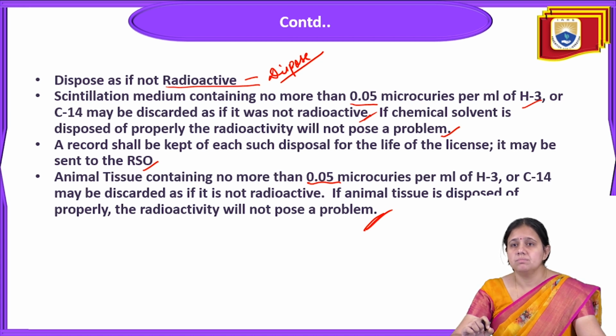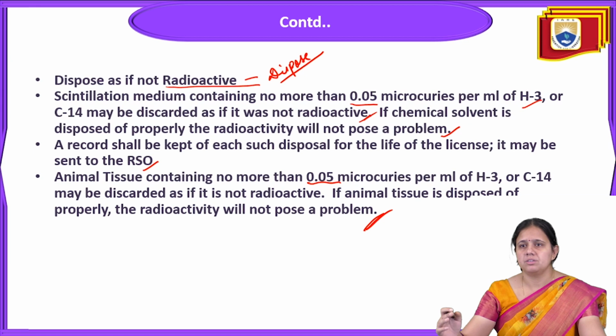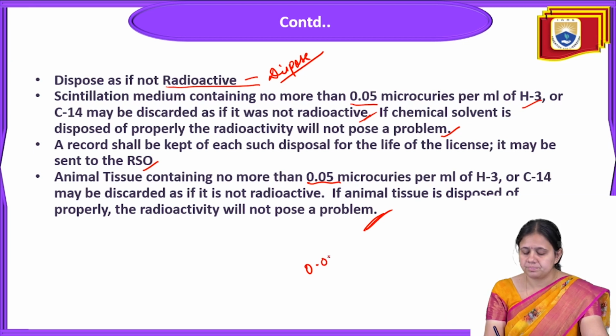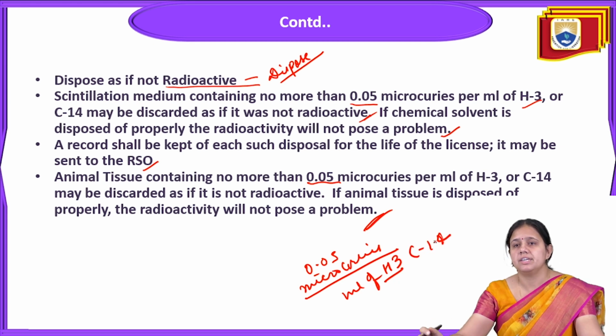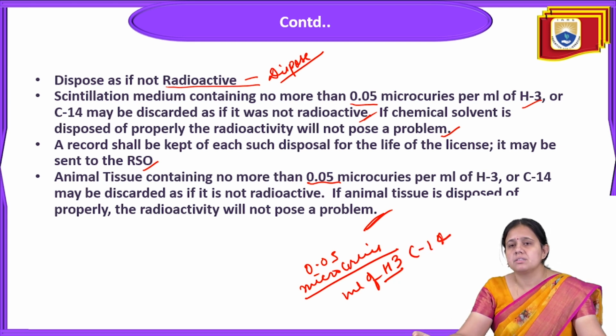So if it is not more than 0.5 microcurie per ml of H3 or C14, it can be discarded as if it is not radioactive.